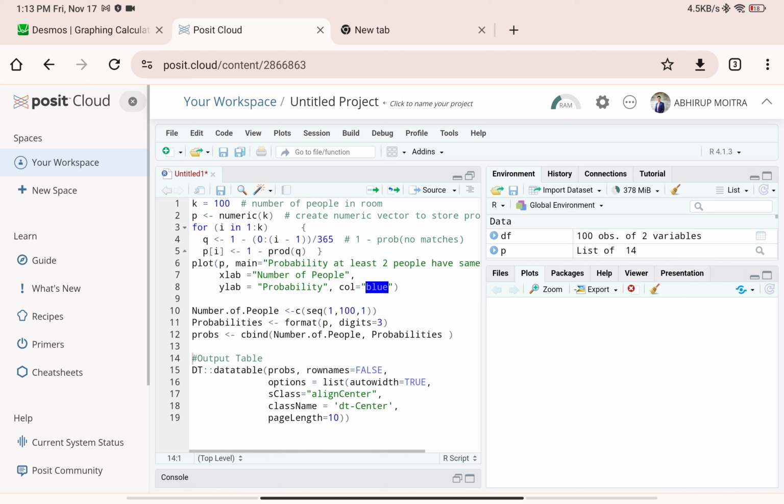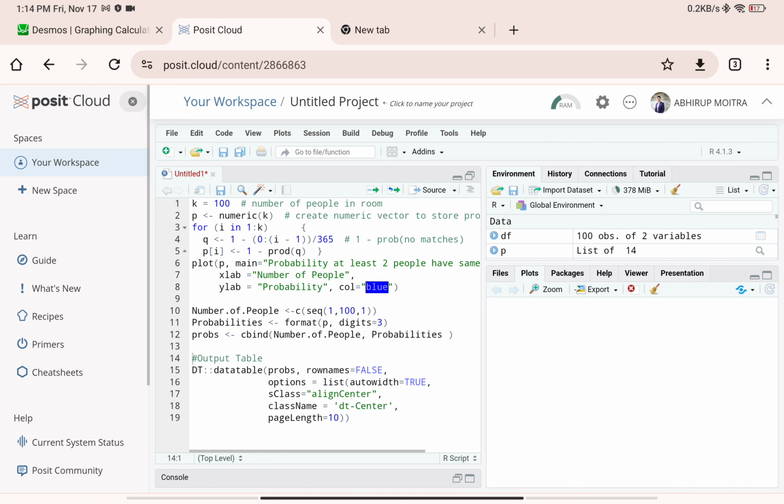And q is the probability at that B event, or something like 1 minus the probability of event A, that is the thing basically. And this is divided by 365, that is 1 minus the probability of no matches.